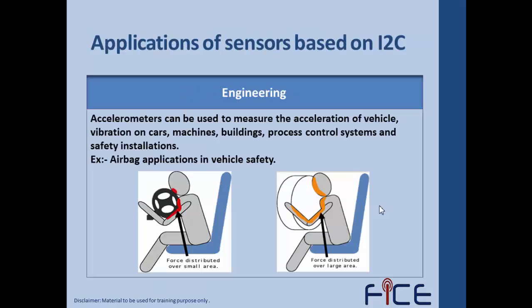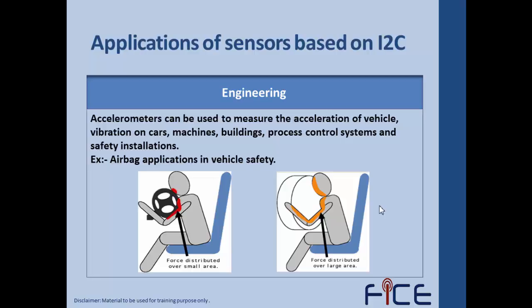Coming to applications of these I2C based sensors, if we take it field wise, in the engineering field, accelerometers can be used to measure the acceleration of vehicles, and vibration on cars, machines, buildings, process control systems, and safety installations.